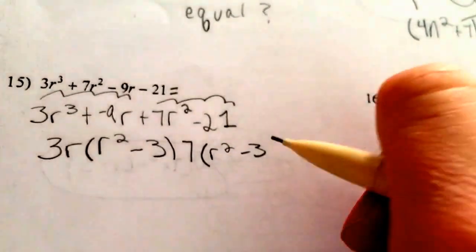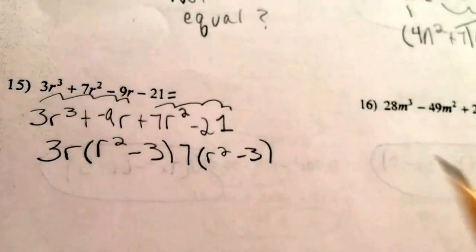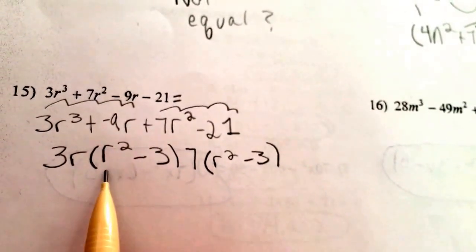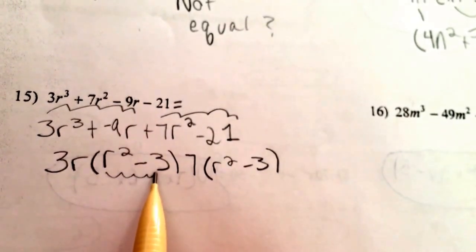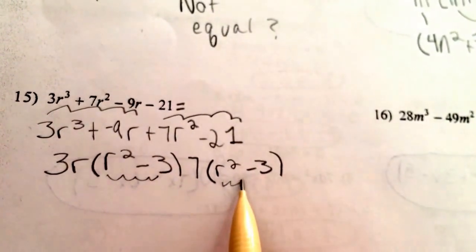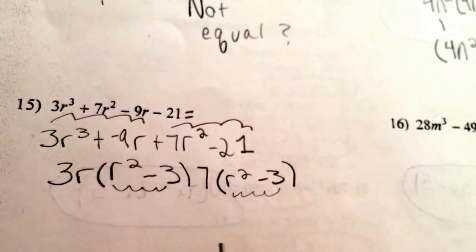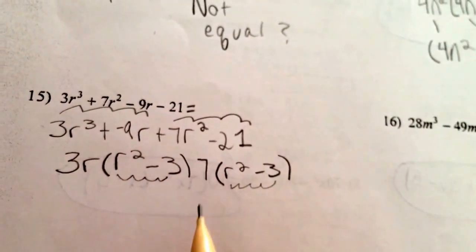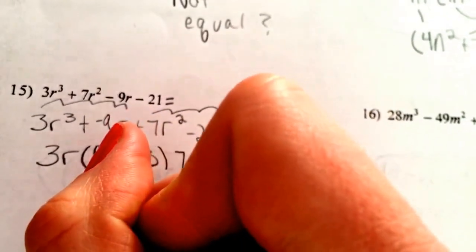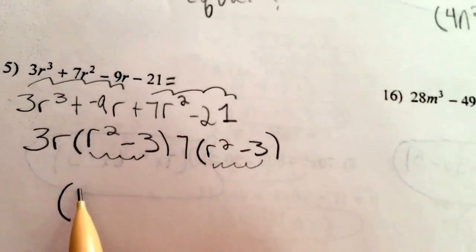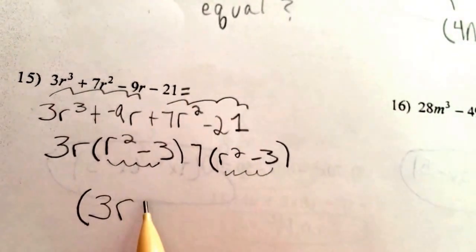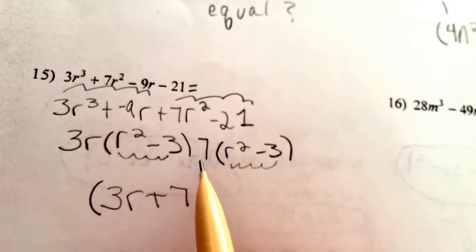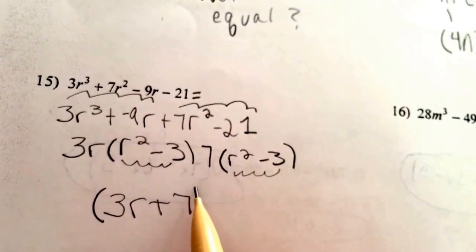Now you find that both of the quantities in parentheses are r to the second minus 3. So what you're going to do is take the two greatest common factors and put them in their own parenthesis: 3r plus 7. This is a plus because 7 is positive, so it's adding 7.